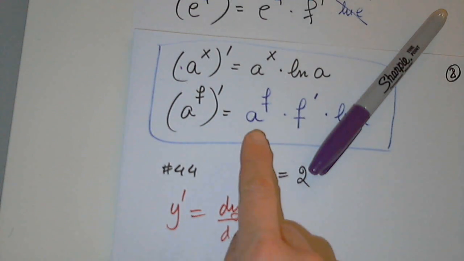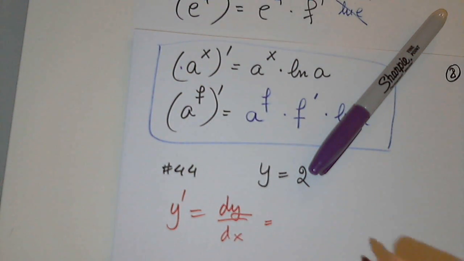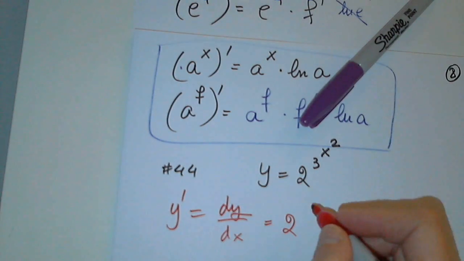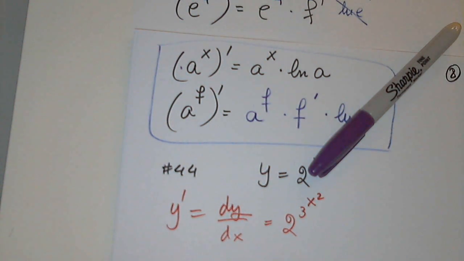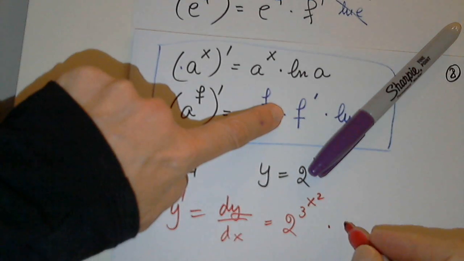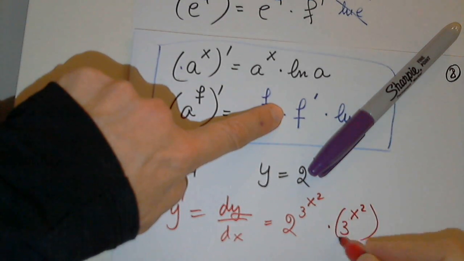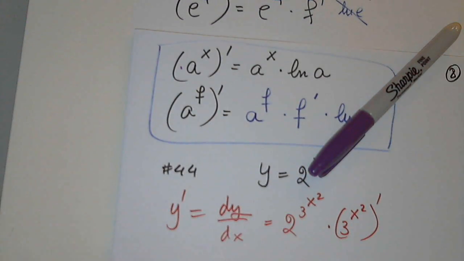Oh, would it be 2 to whatever? I'm going to copy it right now. Good. Times what? Oh, would be 3 raised to x squared prime. I'll deal with it in a minute.